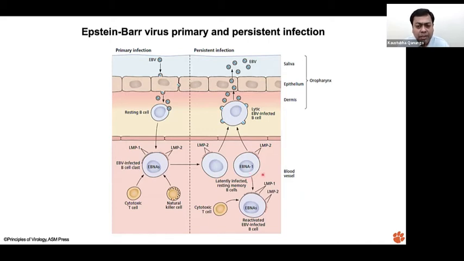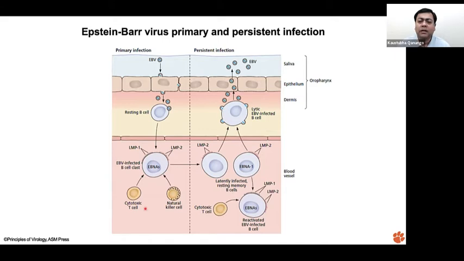If they express both LMP1 and LMP2, the cytotoxic T cells can be activated, but with just LMP2, they cannot get recognized. And these can be reactivated, producing infectious virus, which can infect the peripheral cells and move into the saliva and cause infection. And this is your persistent infection.